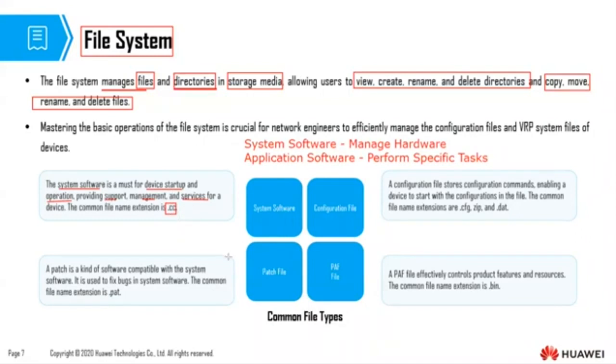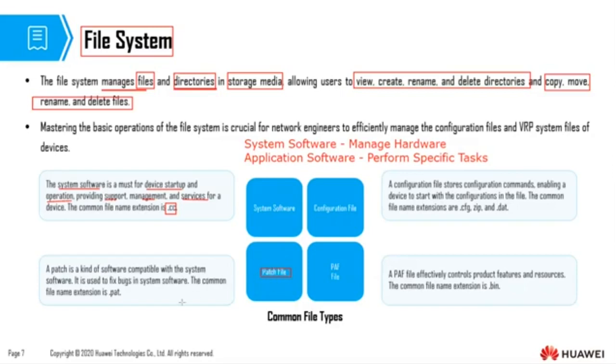The other type of file that you need to be aware of is what we call a patch file. Patch files are mostly used to fix certain problems in the system software. So when we release a VRP version 8, for example, if we realize that there is a problem with a particular component of that operating system, then we make a patch file for it in order to fix that problem.